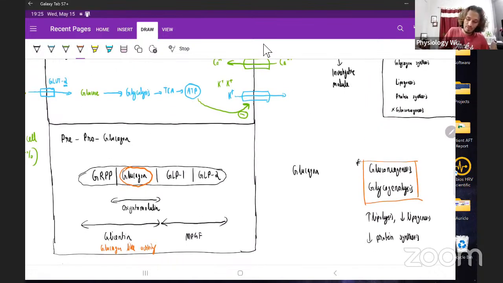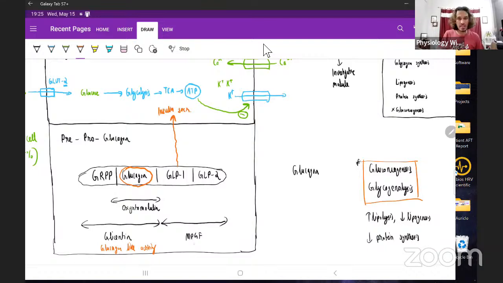What about your GLP-1, GLP-2? Well, these are usually released when you eat food. In response to food, these products are released. So these GLP-1 and 2 can in fact go and stimulate insulin secretion from the beta cells.